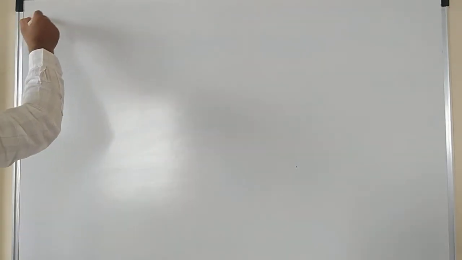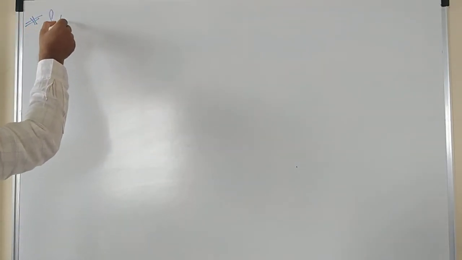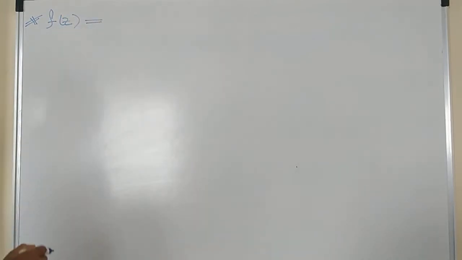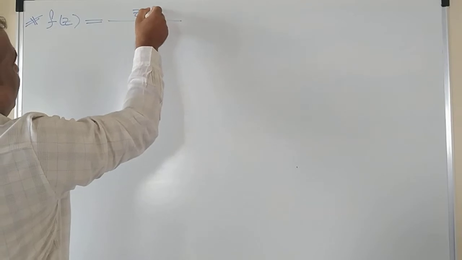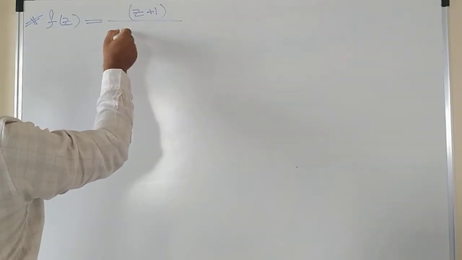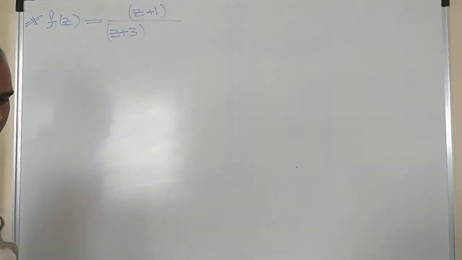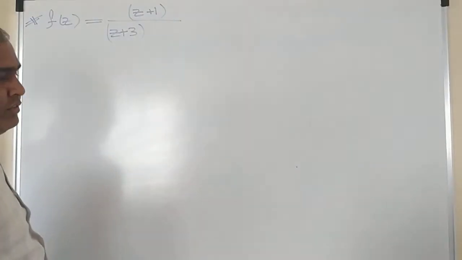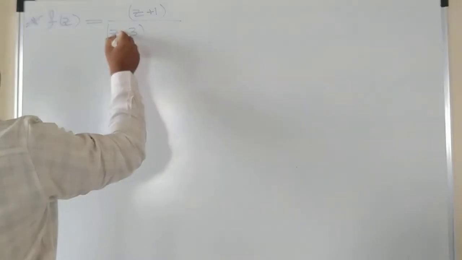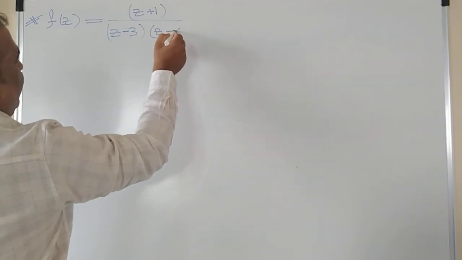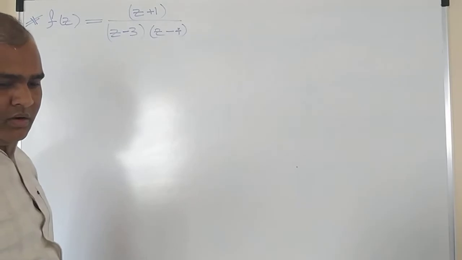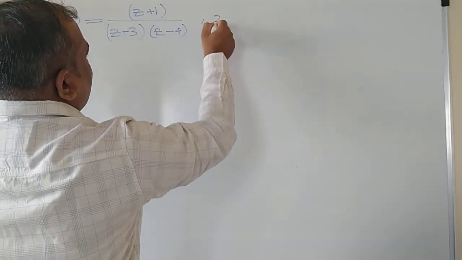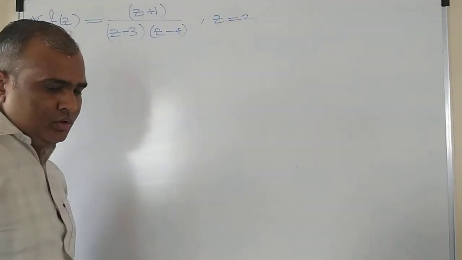Yes. So the next example is your function f of z is equal to z plus 1 upon z minus 3, z minus 4, not plus, it's minus, and z minus 4, and you are asked to expand this complex function around z is equal to 2.